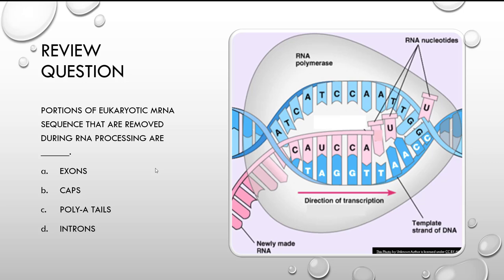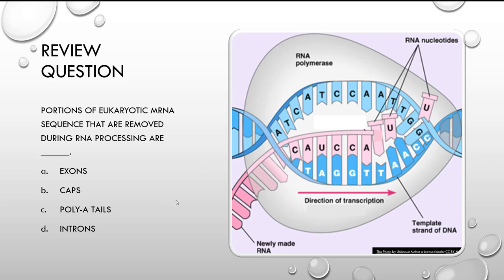And then finally, the final review question: portions of eukaryotic mRNA sequence that are removed during RNA processing are A, exons, B, caps, C, poly-A tails, or D, introns? And again, I chose the same figure because it doesn't give you the clues.